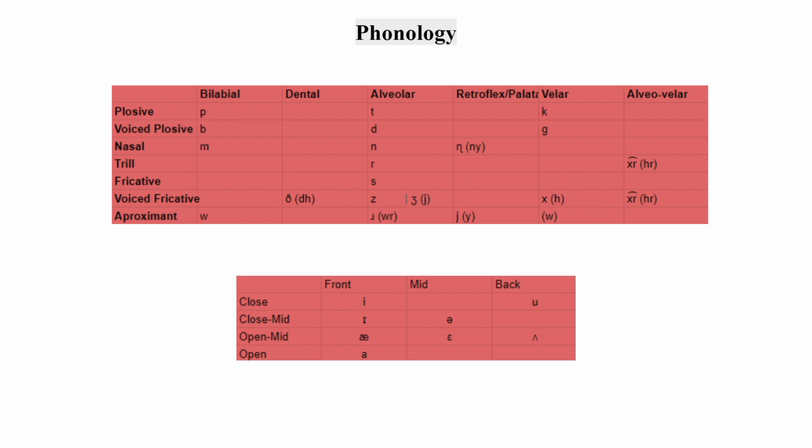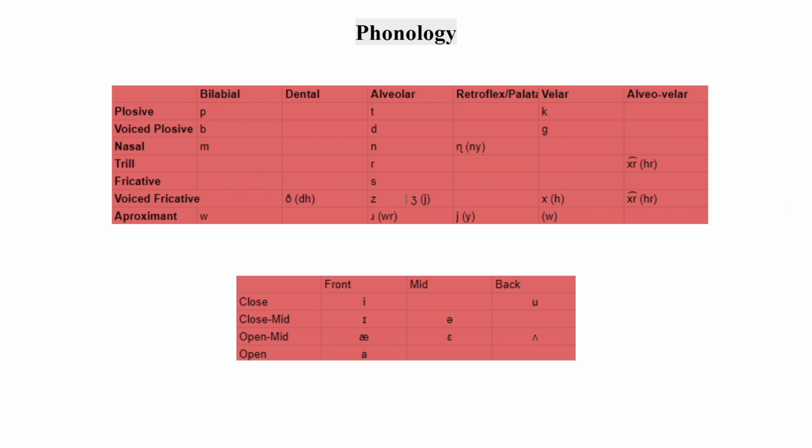Phonology. Arjan features a pretty generally common phonology, with the exception of maybe the sound which is pronounced with a velar fricative and an alveolar trill at the same time.